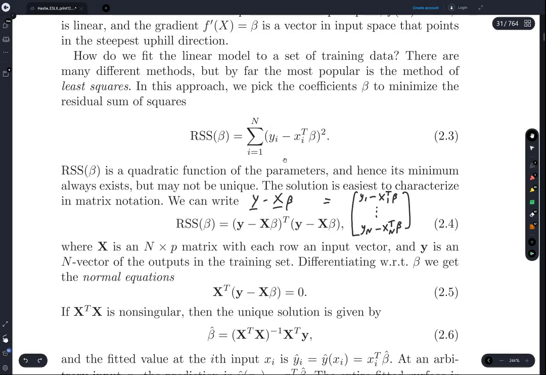Because what we're trying to do is minimize this value, because when we minimize it, that means our model is as close as it can possibly get to each of the actual data points.